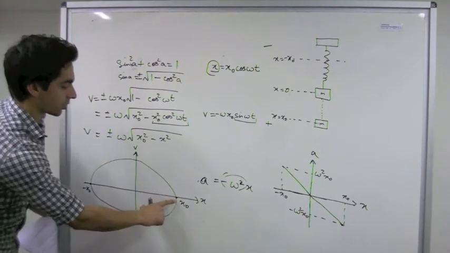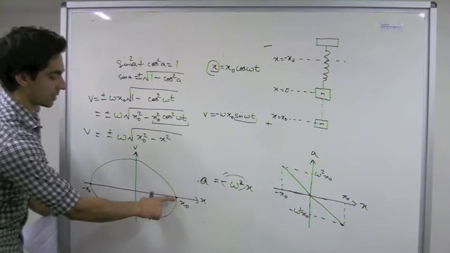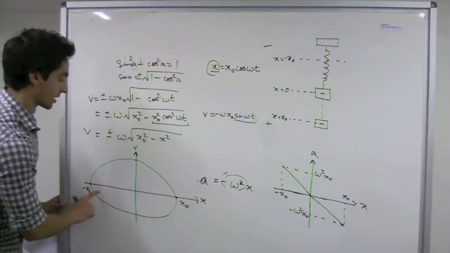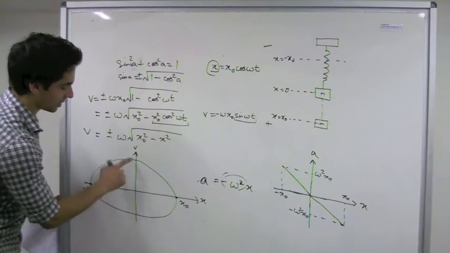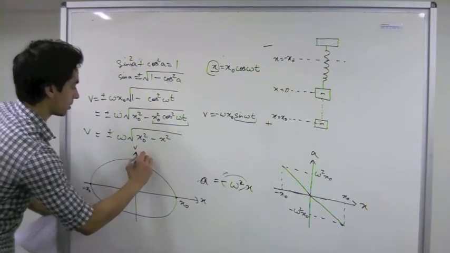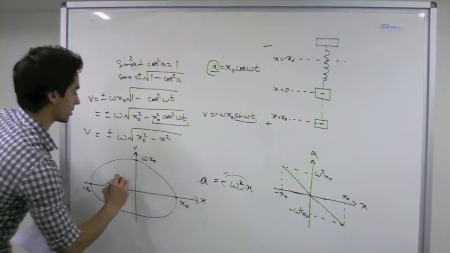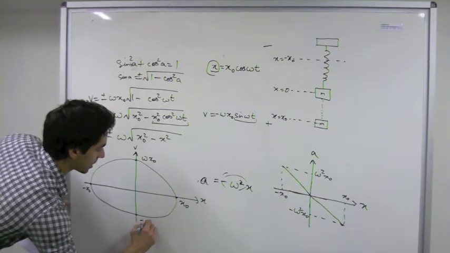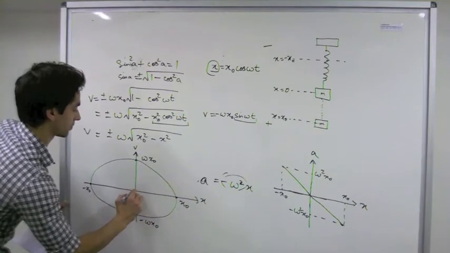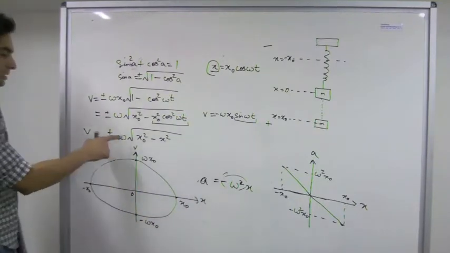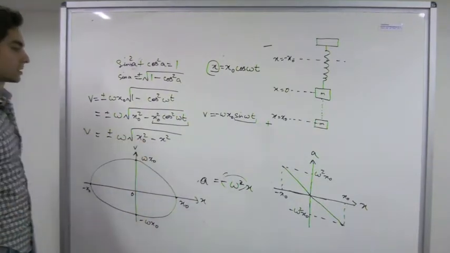You can tell them how this shows that the velocity is 0 at the end points and maximum at the equilibrium point. Over here, the value would be omega x naught, and here it will be minus omega x naught. So this is how velocity varies with displacement.